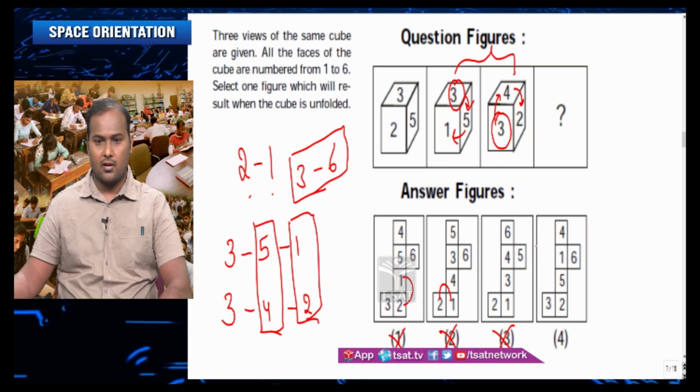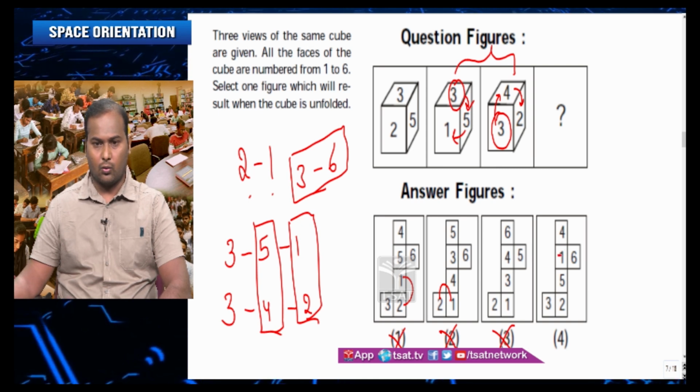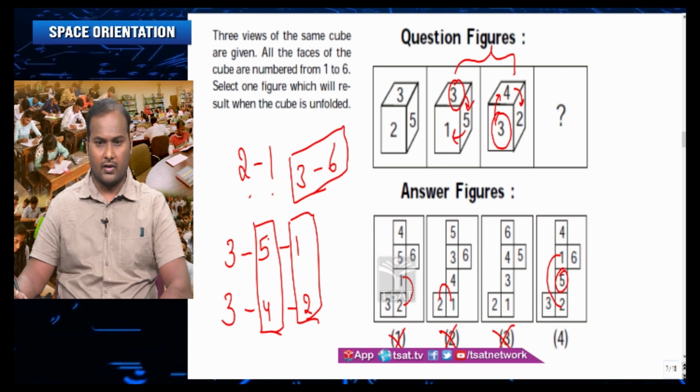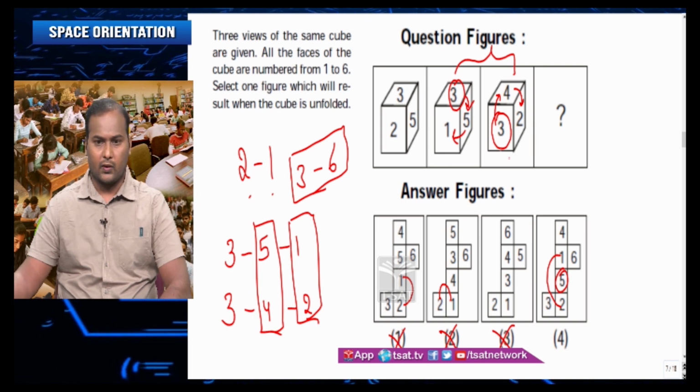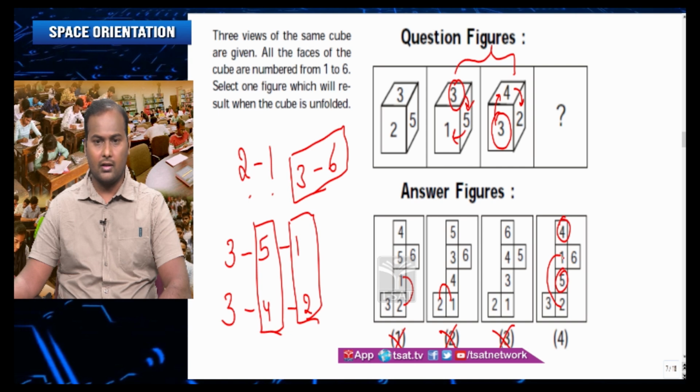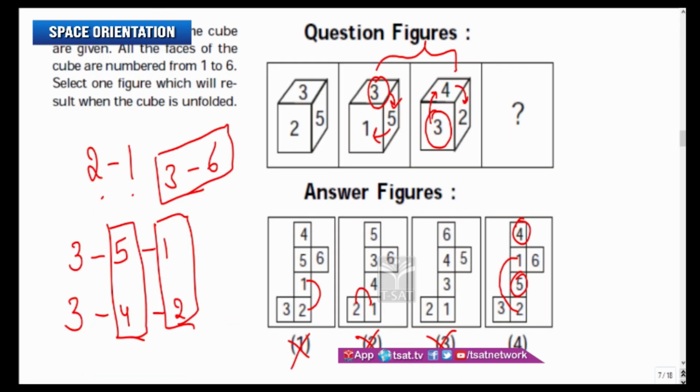In this case, 1 is opposite 2, so between 1 and 2 there is only one face. So this is correct. Now 5 opposite is 4. You can see here 5 and 4 are both opposite, because in between only 1 is there. And what is the remaining? Remaining is 6 and 3. 6 and 3 are opposite. So option 4 is the answer.